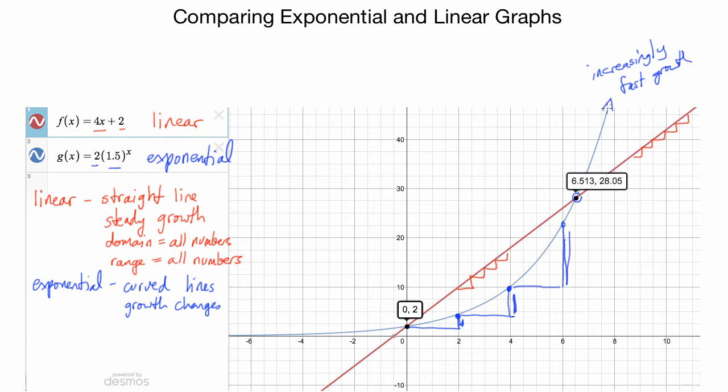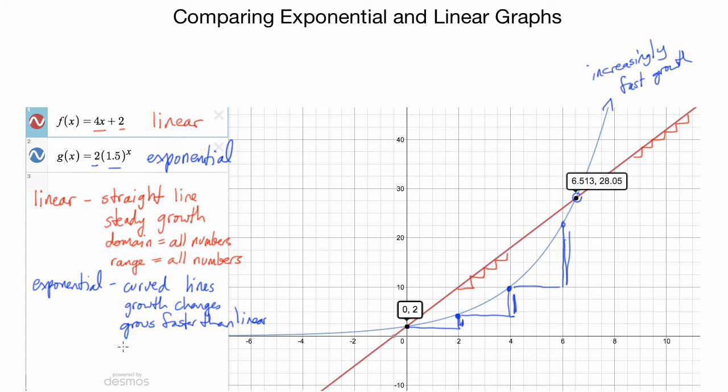And right over here at this value, this is where my exponential function always grows faster than linear functions if you go far enough. So the exponential growth changes. It always grows faster than linear. Maybe not initially like in this one, but if you go far enough out, it grows faster than linear.